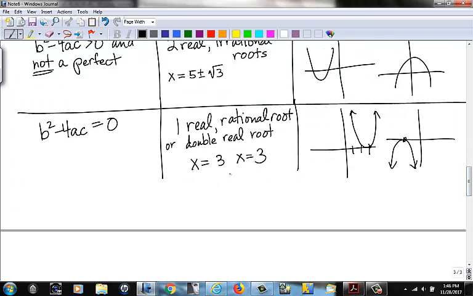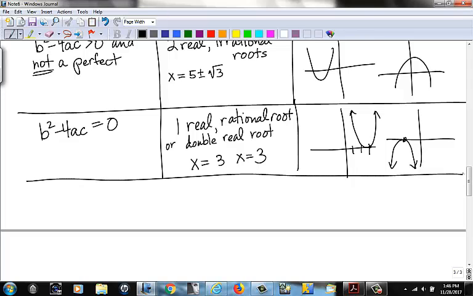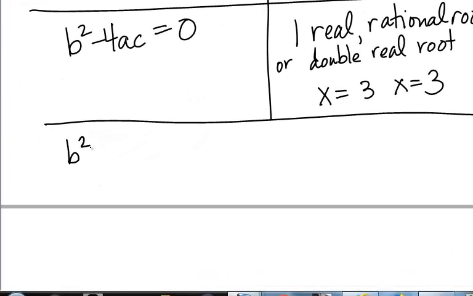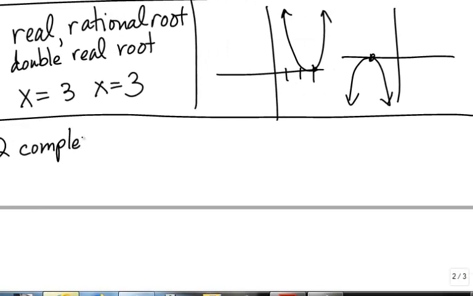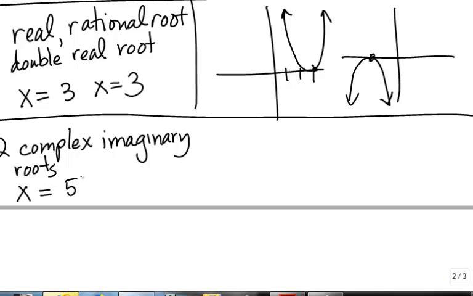Last possibility is the one we just did in the example. B squared minus 4ac, if it's less than 0, that means you've got the square root of a negative number. And the square root of a negative number is going to be 2 complex imaginary roots. So examples of those answers might be x equals 5 plus or minus 2i.